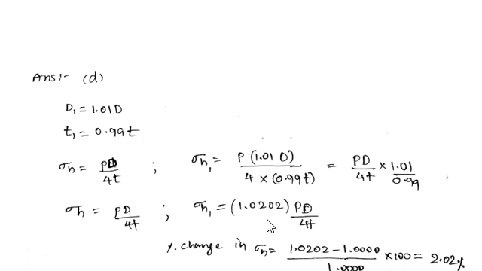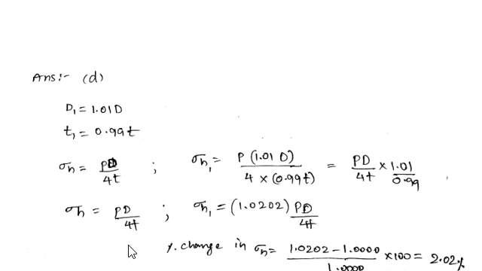When you do that, we are getting the ratio here as 1.0202 times PD by 4T, which means the hoop stress is increased to 1.0202 times the initial case.